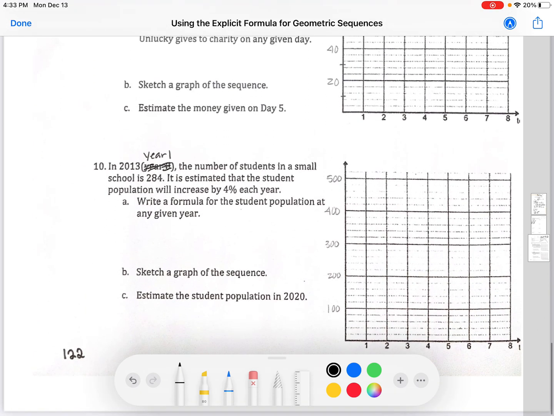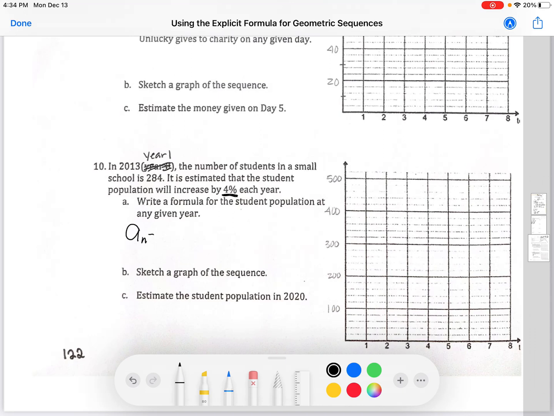Let's go ahead and talk about number 10 just really briefly. In 2013, the number of students in a small school is 284. It is estimated that the student population will increase by 4% each year. Now, this is very similar to our money problems that we did earlier.